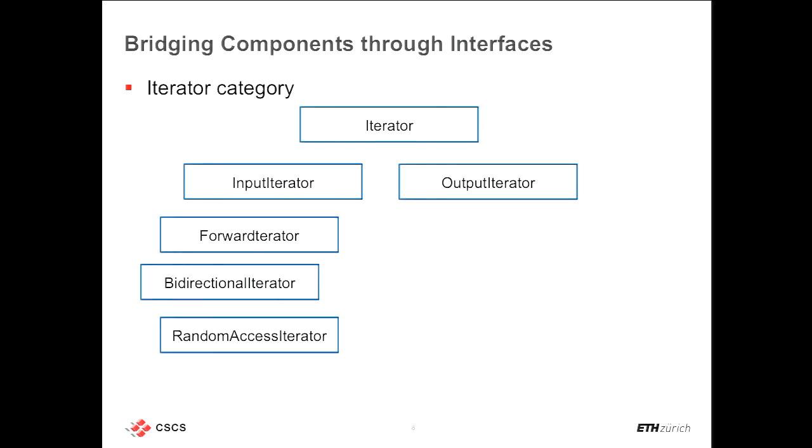The algorithms are written just in terms of iterators. They don't know anything in principle about the container. The container exposes iterators, and when you pass the iterators to the algorithm, it will work. But there is a total decoupling between data structures and algorithms.